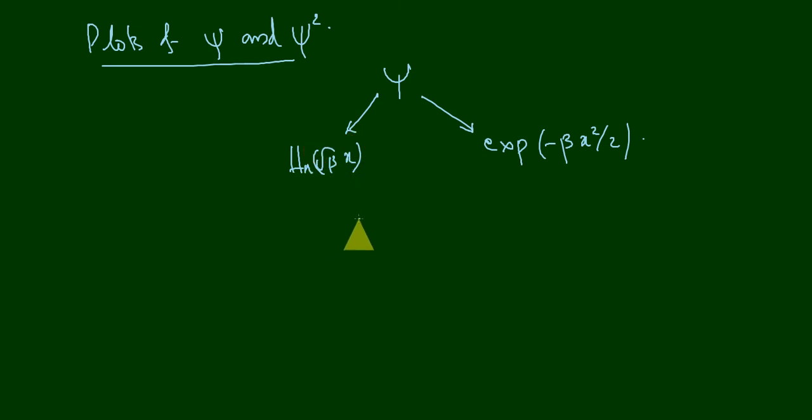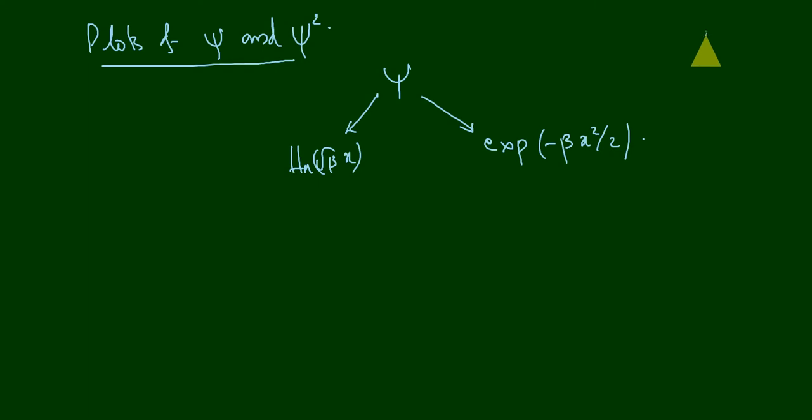Okay, and you know that this exponential minus beta x square by 2 is a symmetric function. Why is it symmetric? Because we have an x square here. When do you call a function symmetric? For example, when you are plotting this function with respect to x, for negative values of x and positive values of x, if you have the function in the negative side as a mirror image of the function in the positive side, then you can call this a symmetric function.